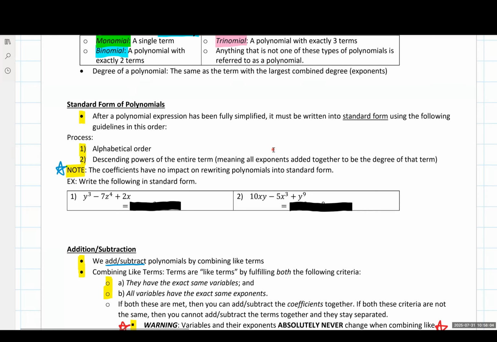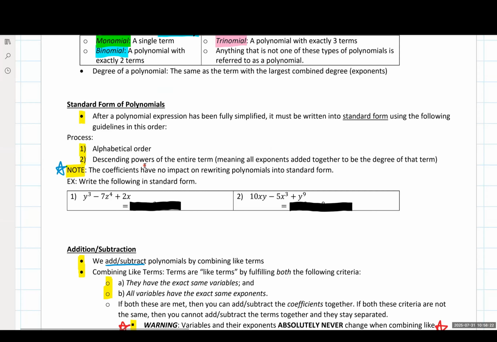So we will look at alphabetical order first, and then if I have any repeating variables, I need to see, all right, what's the degree of those that have repeating variables? Biggest power first, and then I descend in powers as I go left to right.